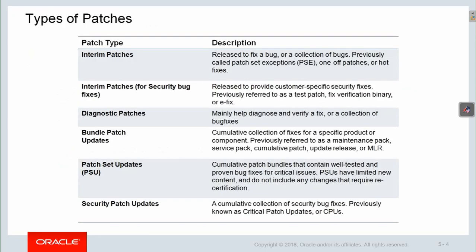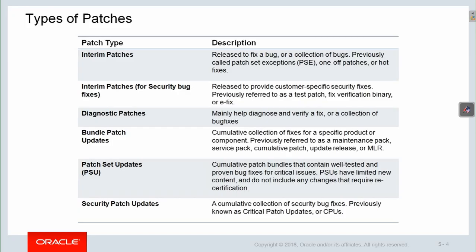And this slide is showing you a list of patches. This is the current patch type, and in the previous release we also called it with a different name. We have interim patches, and this is a release to fix a bug or a collection of bugs, and previously called the patch set exceptions, or a one-off patch or patches, or hot fixes.